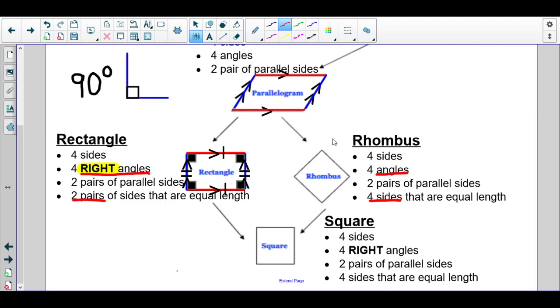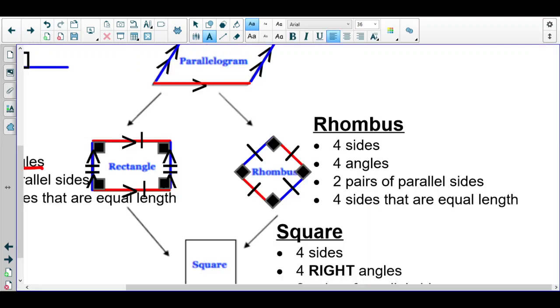So looking at our rhombus and getting our symbols in, we have our 4 sides, 1, 2, 3, 4. So we can get that one checked off. And then the 4 angles, these happen to be right angles, but really and truly a rhombus does not need to be at a right angle.